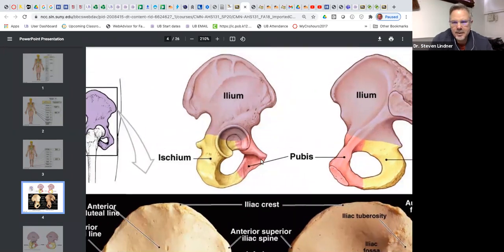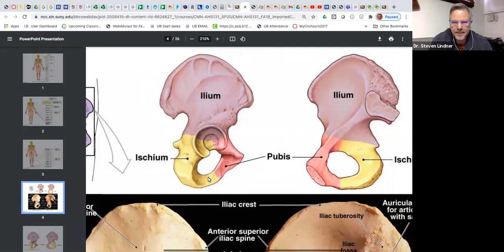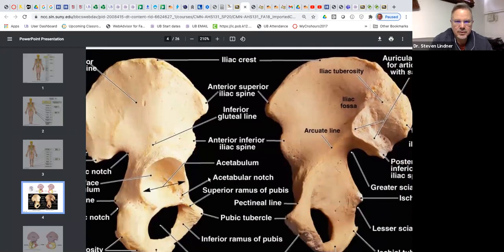Okay. Pubic bone is more anterior, right? Pubic, pubis, and then the ischium, this is what you're sitting on. This part right here is called the ischial tuberosity, and that's your sit bone, because that's what makes contact with the chair when you're sitting.